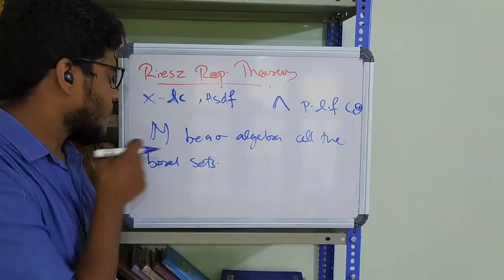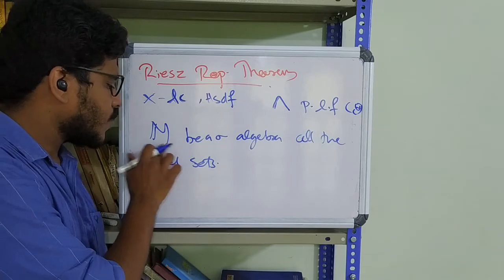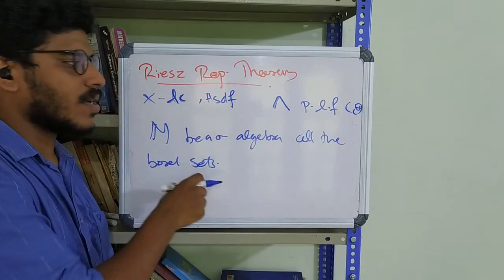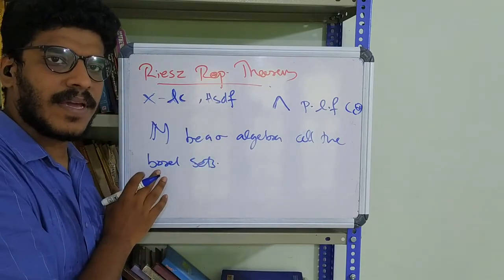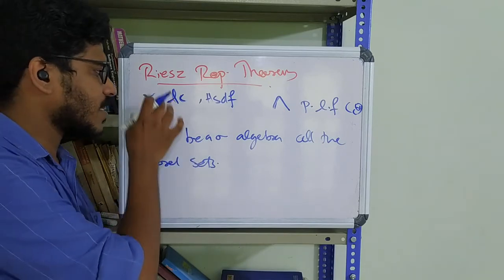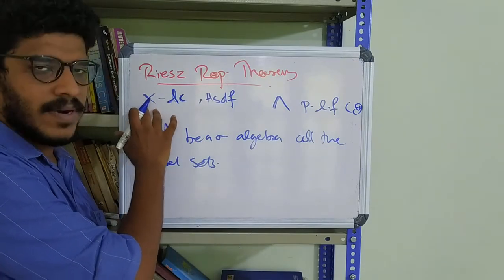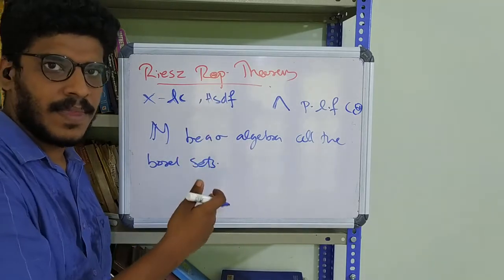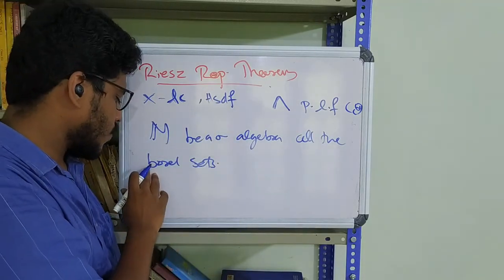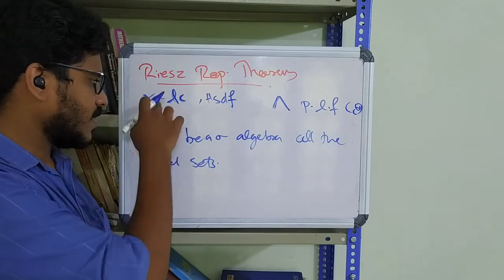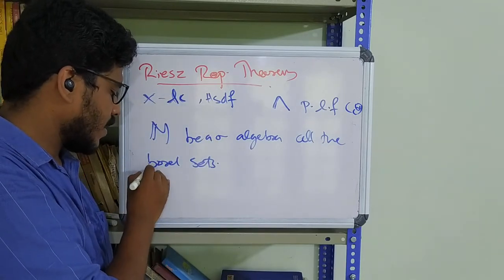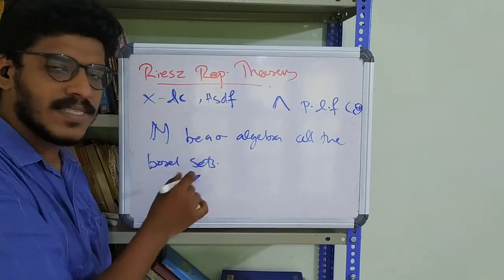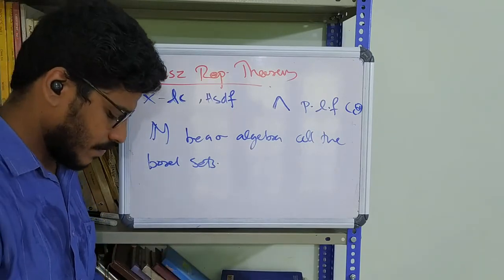So this sigma algebra M contains all those Borel sets of X. There is an underlying topological structure assumed on X, and that's where the Hausdorff condition comes from. From the same topological structure, we assume the sigma algebra M on X contains all the Borel sets.